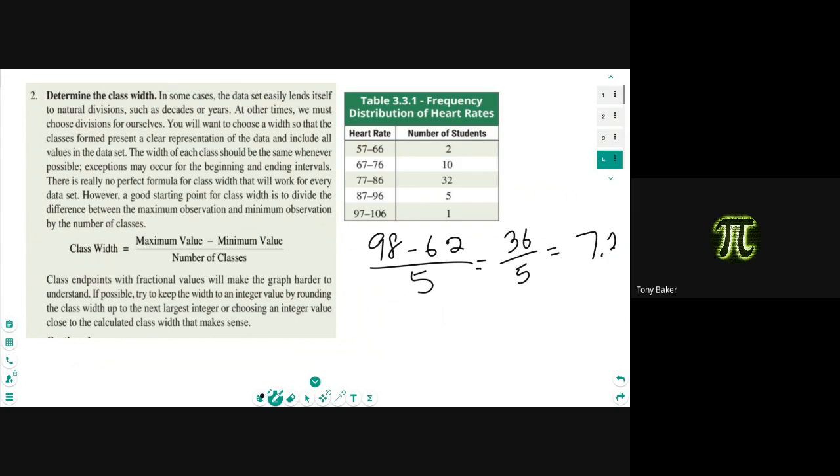In this situation, you always want to round up. Because if I chose 7 for my class width and I counted out 5, I'd only get to 35 possible numbers, and I'd have some left over at the end. So you'll always want to round up in this situation. So I would have rounded up and done a class width of 8.